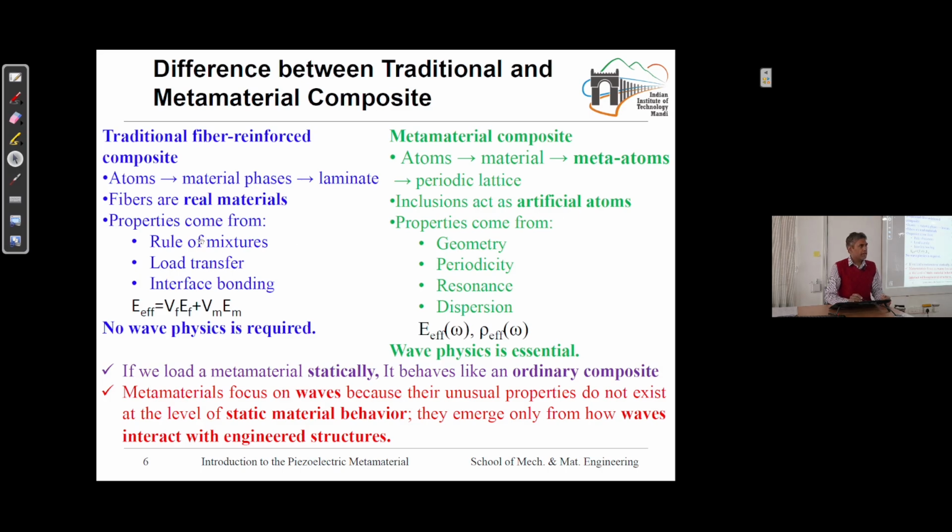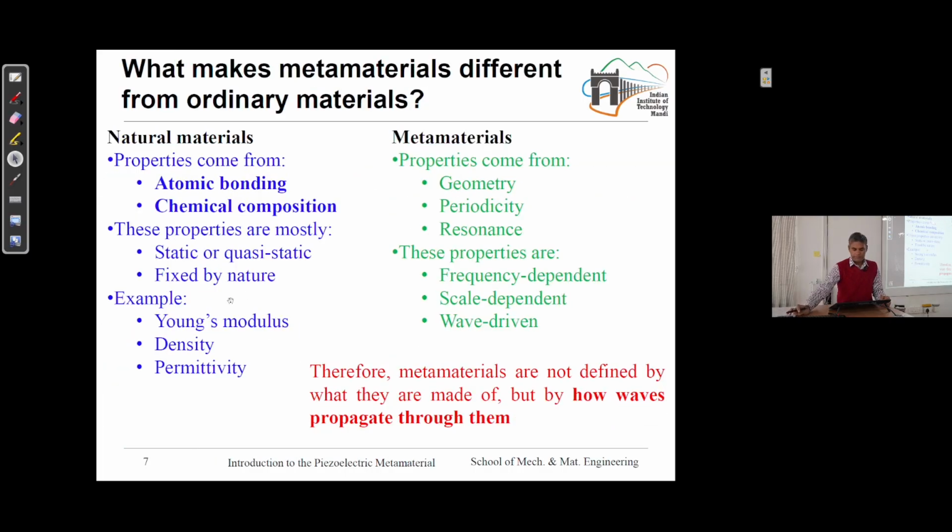The properties of a traditional composite material can be determined with the help of the rule of mixture, load transfer, and interface bonding, and you are already aware of this formula.